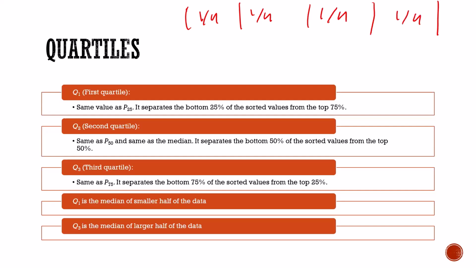The value that cuts the first quarter from your second quarter is called Q1. Notice it is the same thing as P25. It separates 75% of your data from 25% of your data.